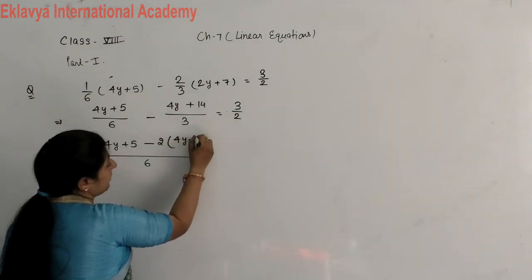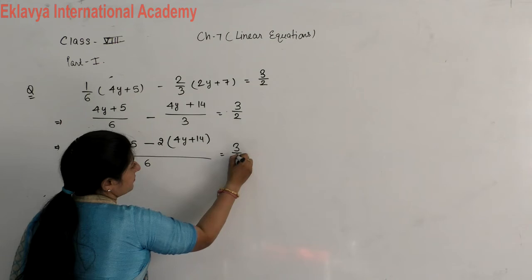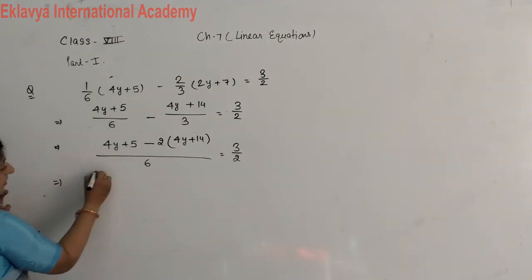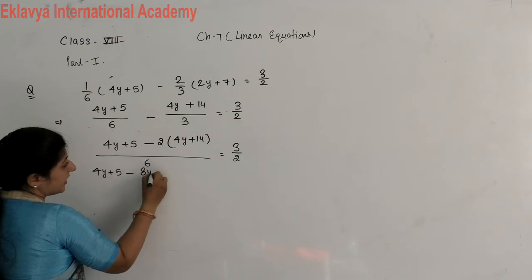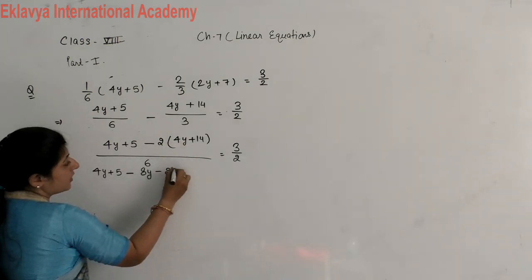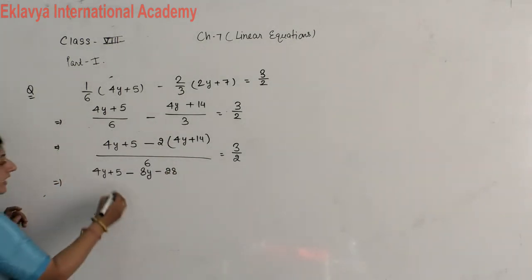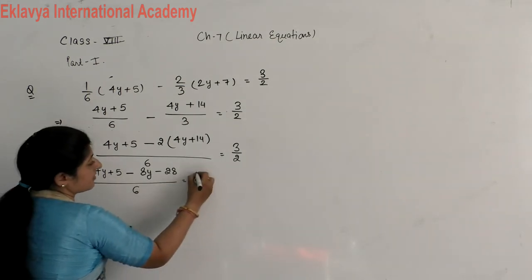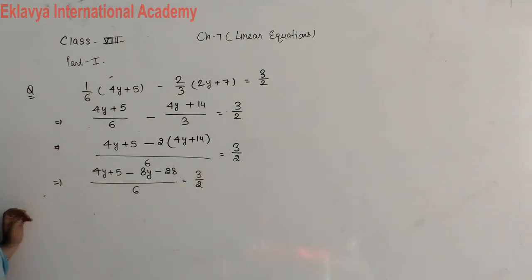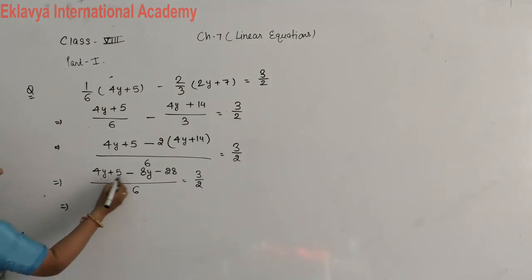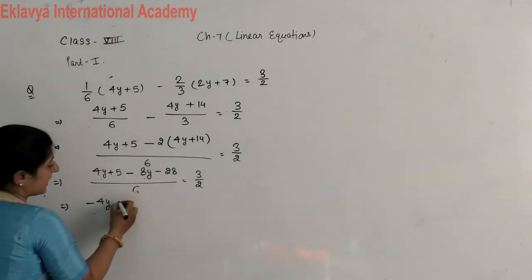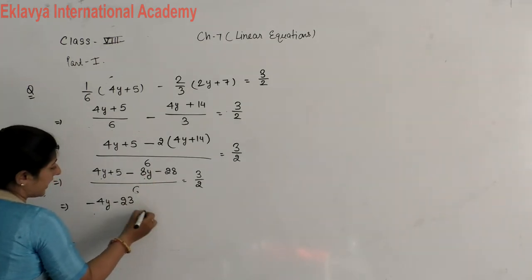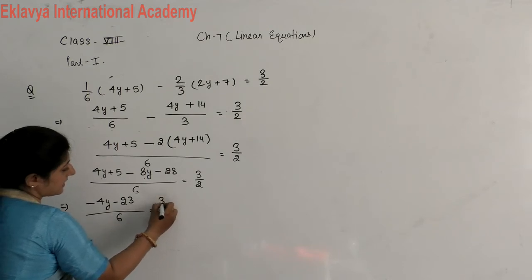So we will take it in brackets. 4y plus 5 minus 2 4s are 8y, minus into plus minus, 2 into 14 is 28, divided by 6 is equal to 3 by 2. 4y minus 8y, like terms, that becomes minus 4y. Plus 5 minus 28, that becomes minus 23 divided by 6.